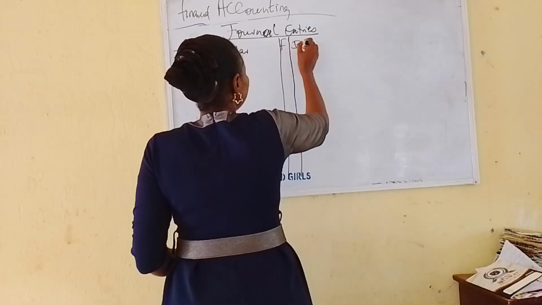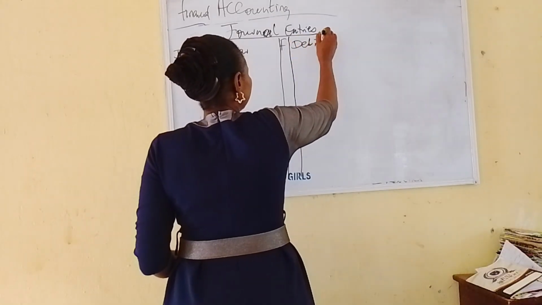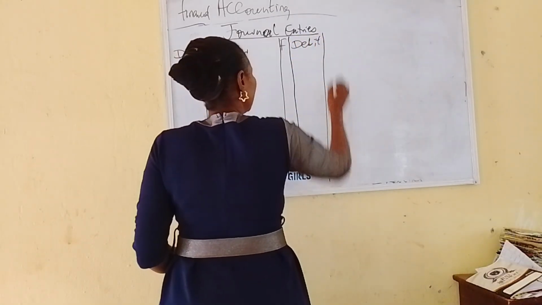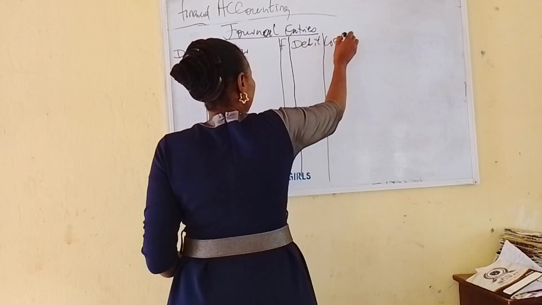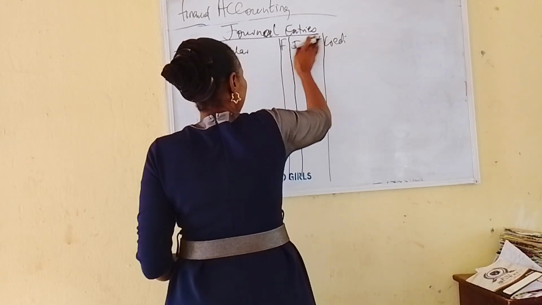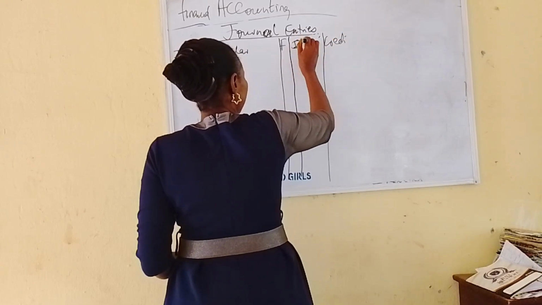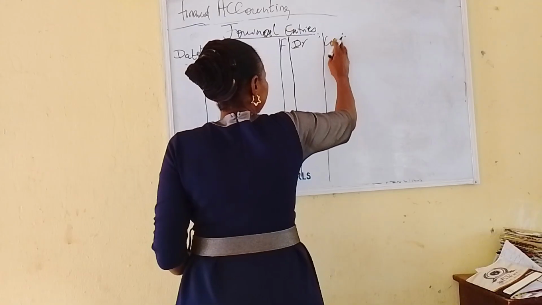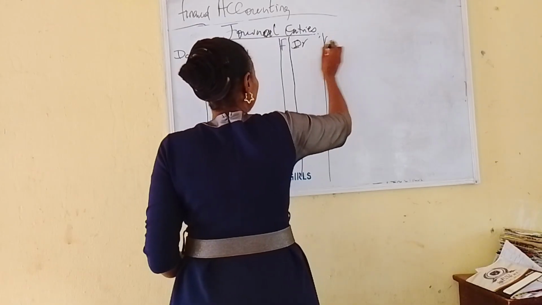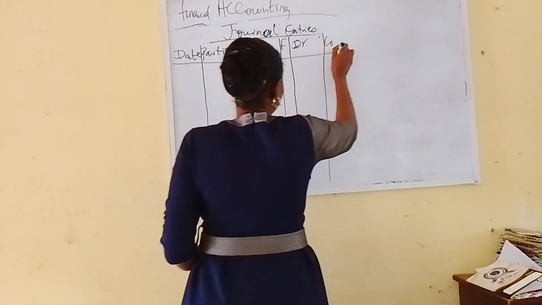Then debits, credits. Let me use DR and CR. Then underline.